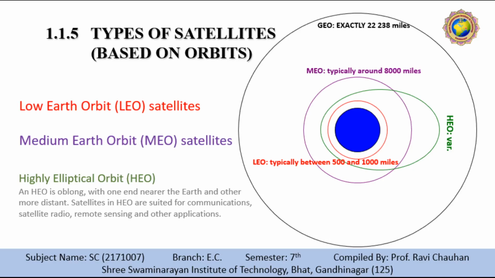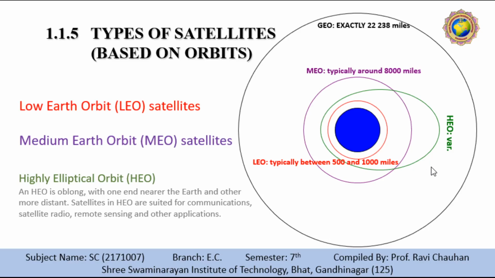The above three are the major categories of satellites. Apart from this, satellites are also classified based on the following types of orbit. As we can see, a highly elliptical orbit is shown in the green line, and HEO has different variations.